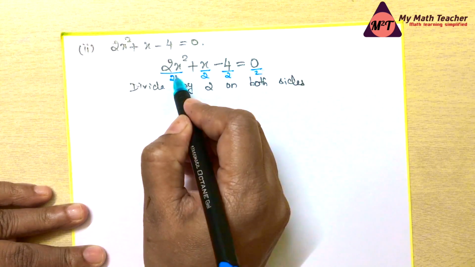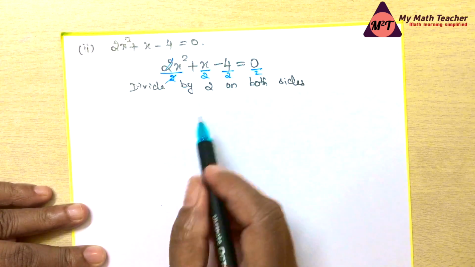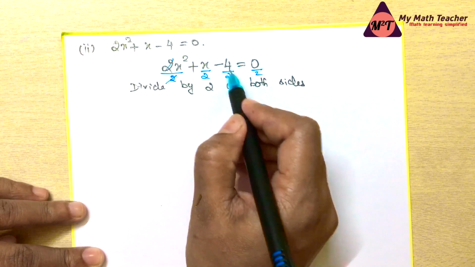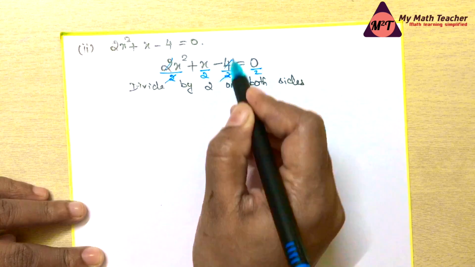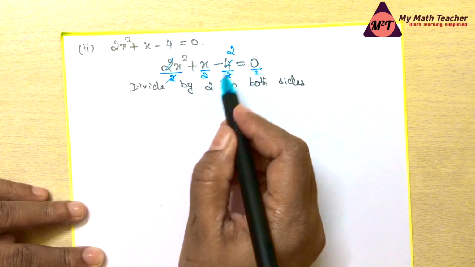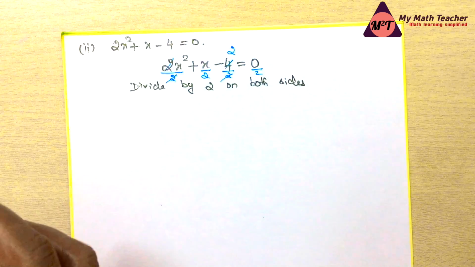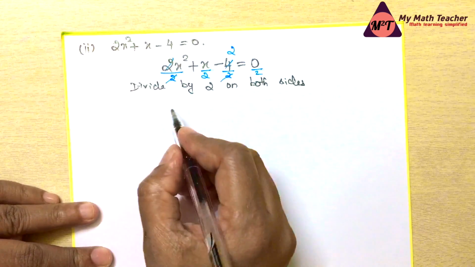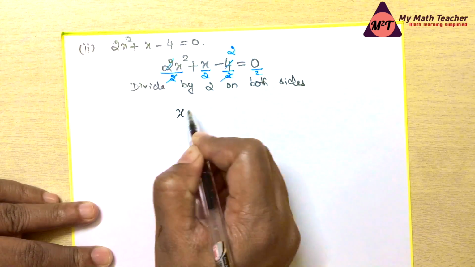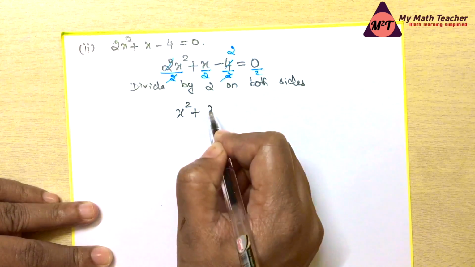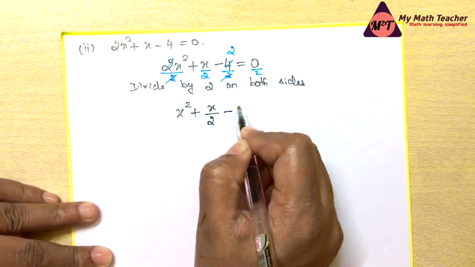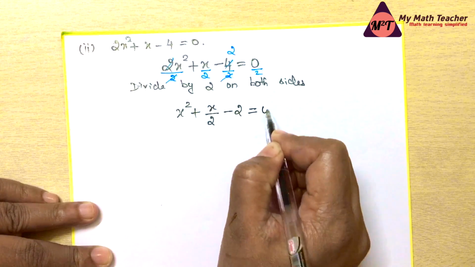Now you can divide 2 and 2, it will be 1. Here 4 divided by 2 is 2, and 0 divided by 2 will be 0. So we will rewrite this equation: x square plus x by 2 minus 2 is equal to 0.